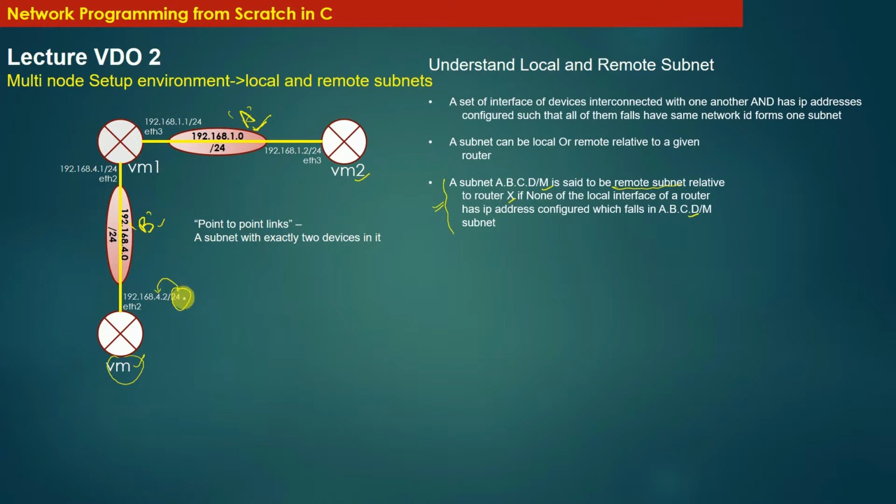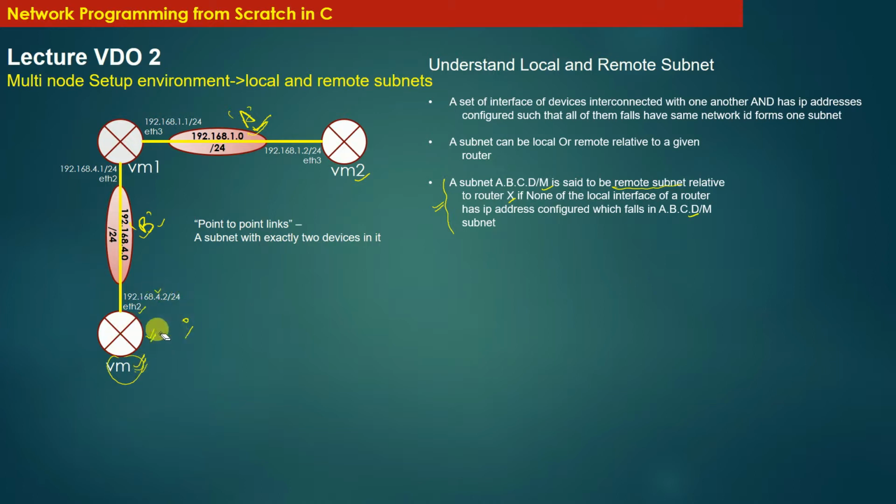In our topology, router VM has only one interface, Ethernet 2, which is assigned the IP address 192.168.4.2/24, and if you apply the mask value 24 on this IP address, you will get the subnet ID B. So were you able to get network ID A from any local interface of router VM? The answer is no. That is the reason subnet A is a remote subnet for router VM.